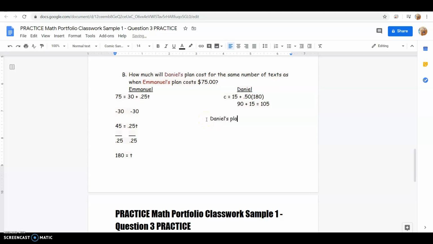So how much will Daniel's plan cost for the same number of texts when Emmanuel's plan costs $75? Daniel's plan will cost $105 for the same number of texts as Emmanuel's.